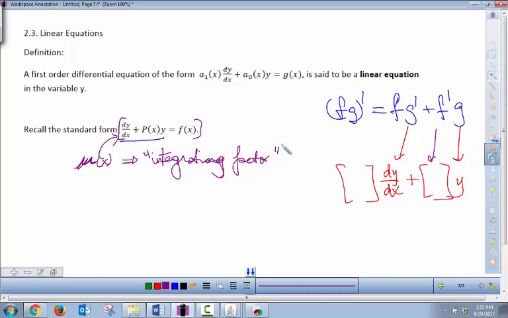We want to multiply this by some function so that the coefficients of g prime and g, or the coefficients of dy/dx and y, would fit this model where the coefficient of dy is the original function and the coefficient of y would be the derivative of that same function.